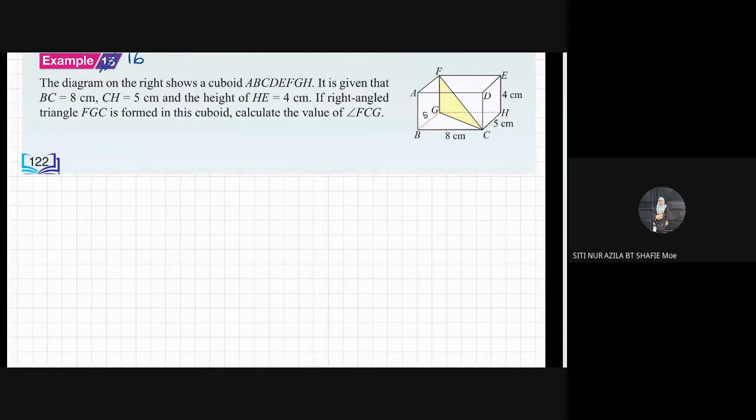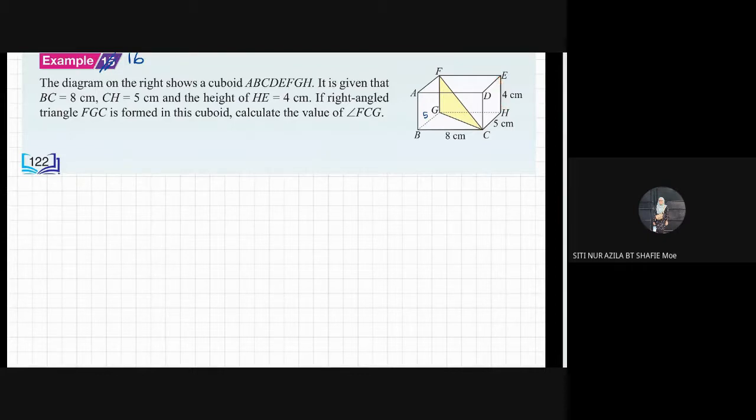I'm going to mark here as 5. And the height HE is 4 centimeter. If the right angle triangle FGC is formed in this cuboid, calculate the value of angle FCG.